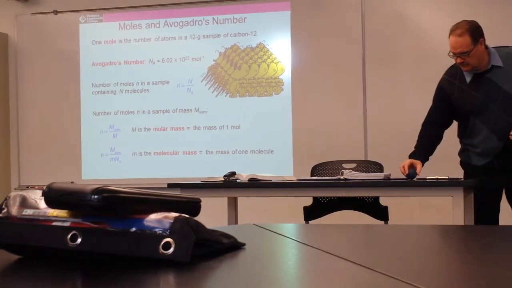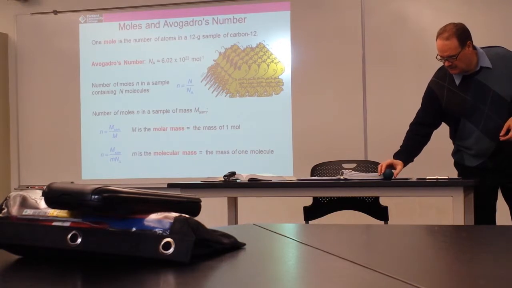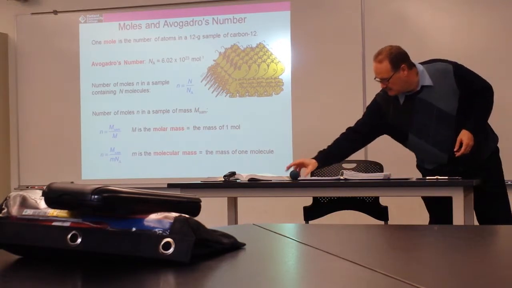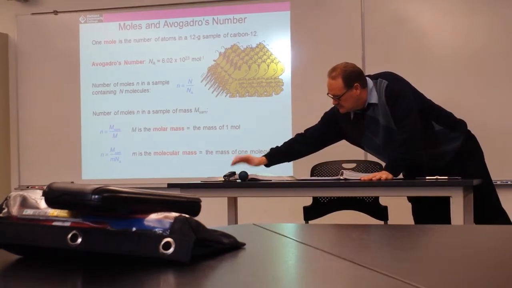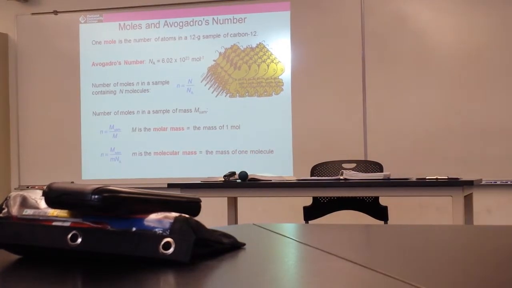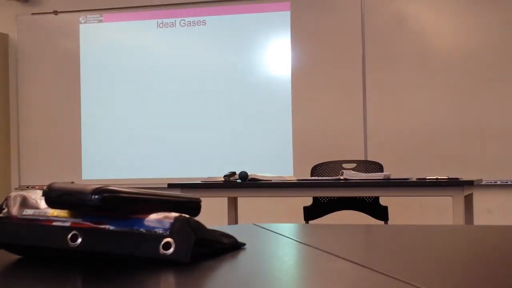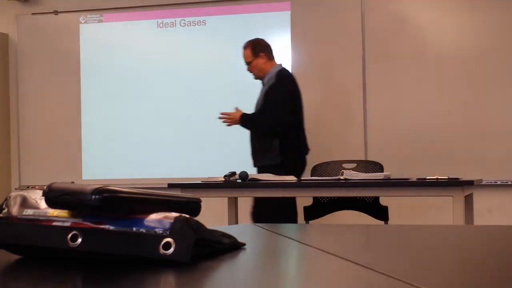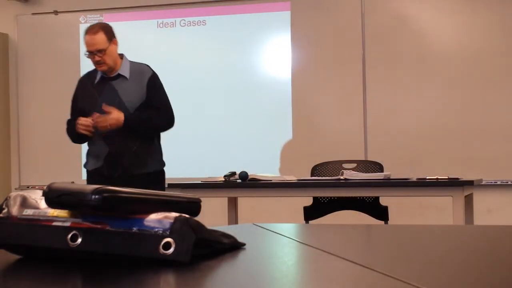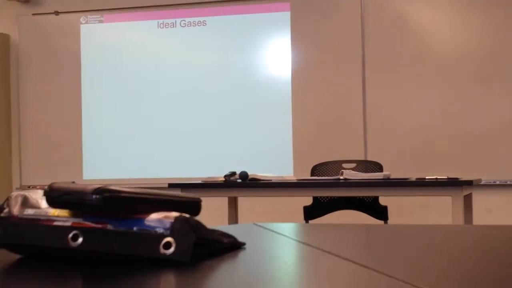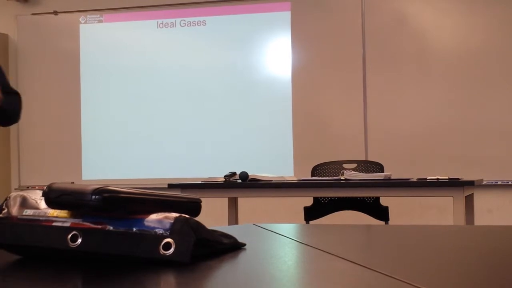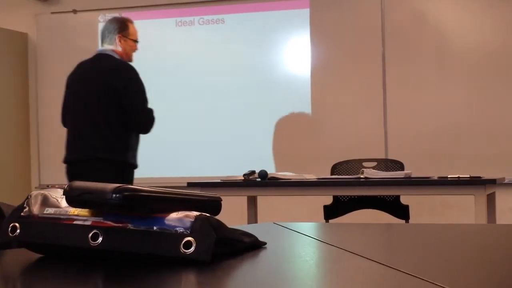Then the other thing we talked about, and we explored in the lab, was that gases, if they are low density, so that they only interact by collisions, they don't chemically combine in any way, and they're low enough density that the collisions happen reasonably infrequently, are called ideal gases.